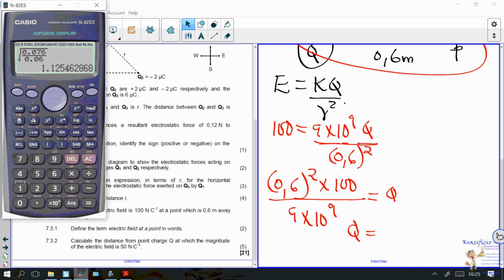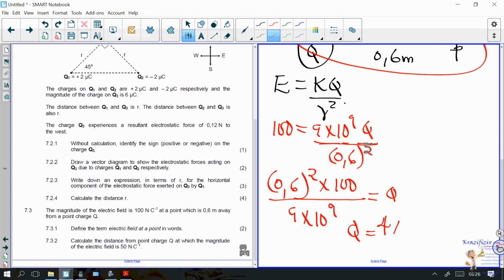So we have 0.6 squared multiplied by 100 divided by 9 times 10 to the power 9, and what do we have? 4 times 10 to the power negative 9. So Q now is 4 times 10 to the power negative 9 coulombs.